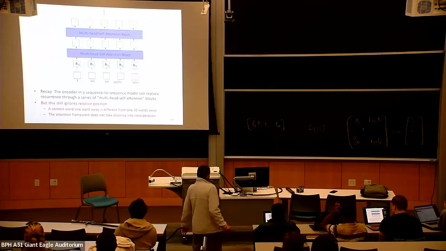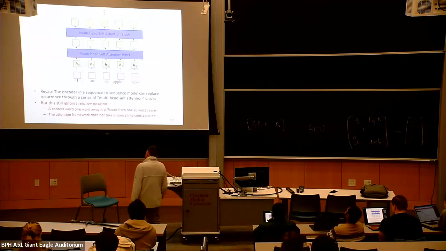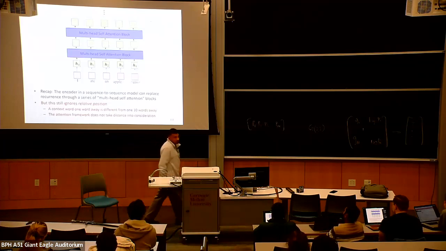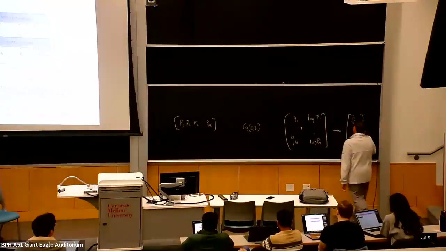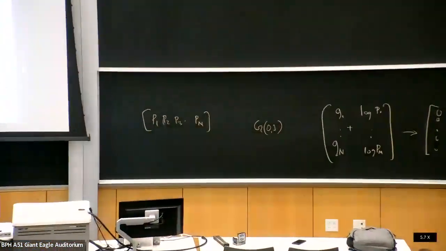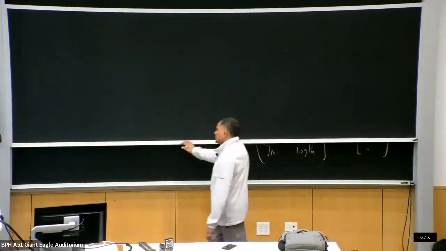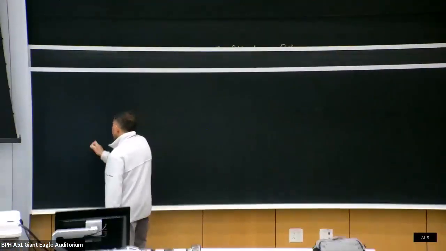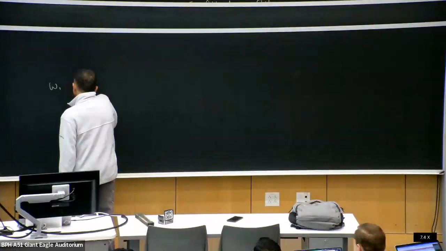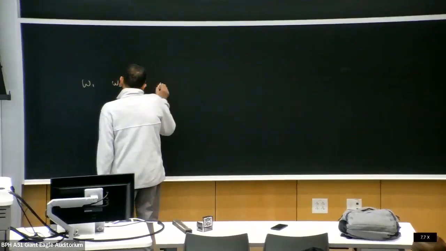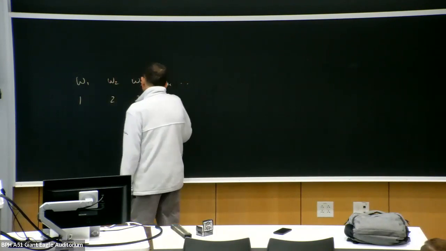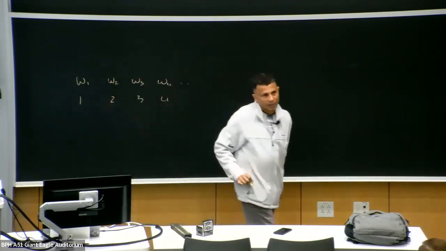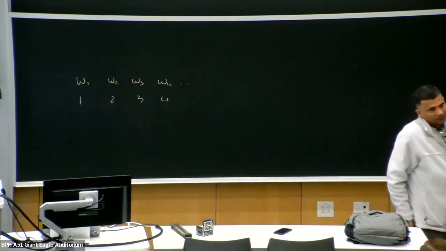So I had word 1, word 2, word 3, word 4, and so on. I could just add 1, 2, 3, 4, add the indices over here as an extra term.